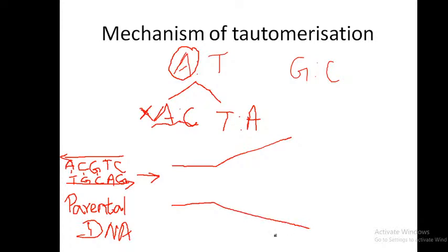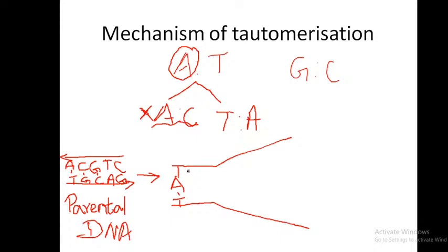Two strands will replicate, and this is the parental strand, where A pairs with T. You can write along with me so that you can understand more clearly what is happening as a result of tautomerization.